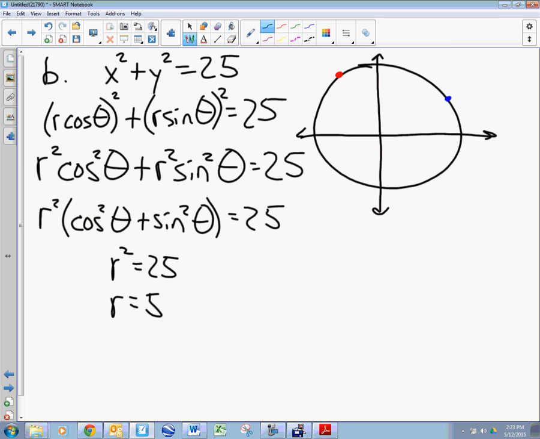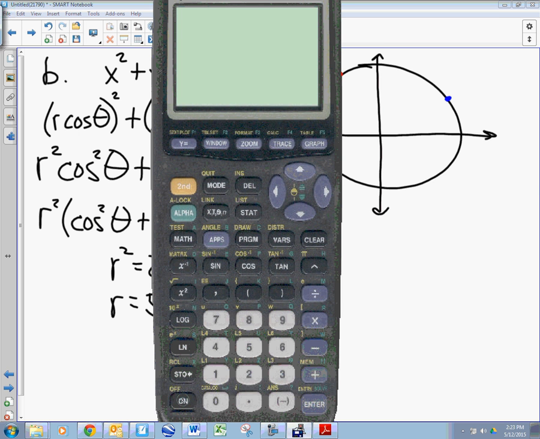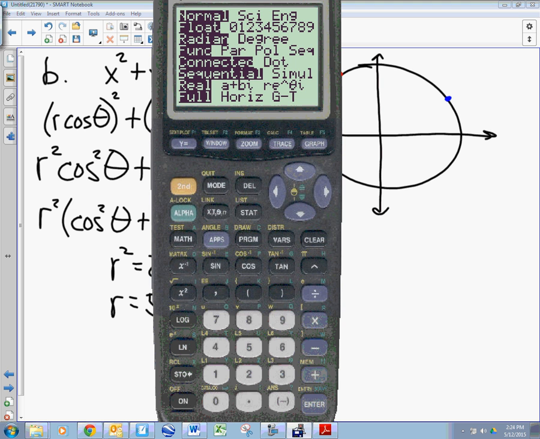So you can't plug in x squared plus y squared equals 25 on your calculator. What you can do is take out your calculator and first you have to reset your calculator because the smartboard is stupid. Then you go into mode, and instead of being in function, we can select polar.